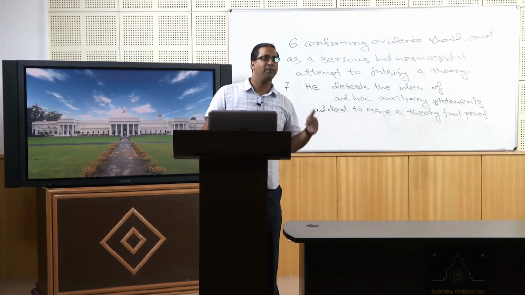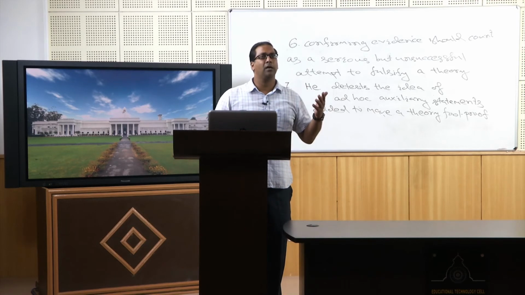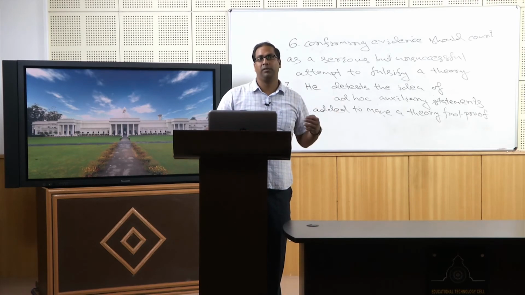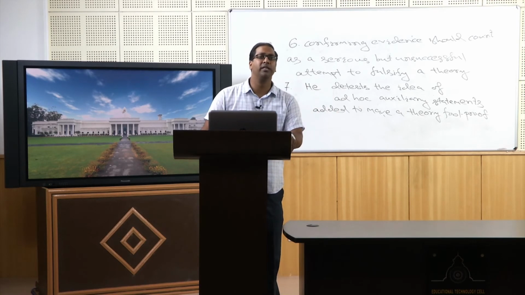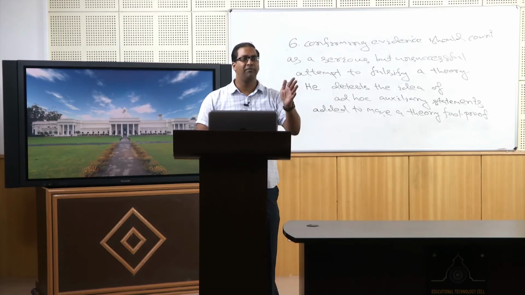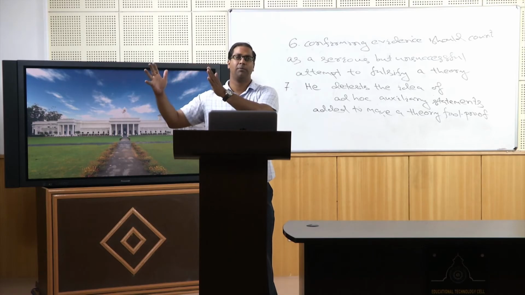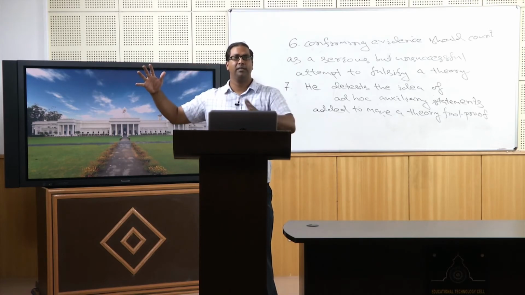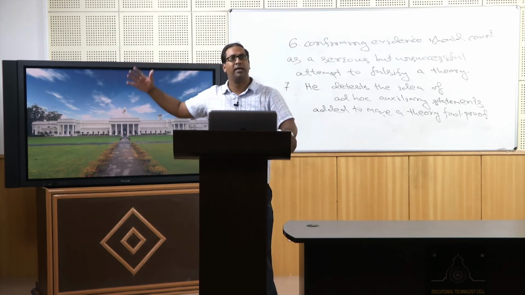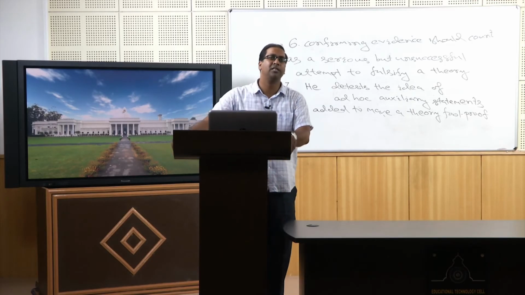But Popper says theories evolve. Scientific progress is evolutionary in nature. One scientific theory gets falsified, then it leads to another problem situation, and the next theory gets falsified. That is how science develops, that is how science progresses.